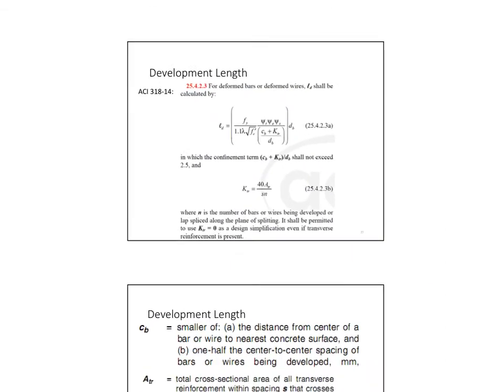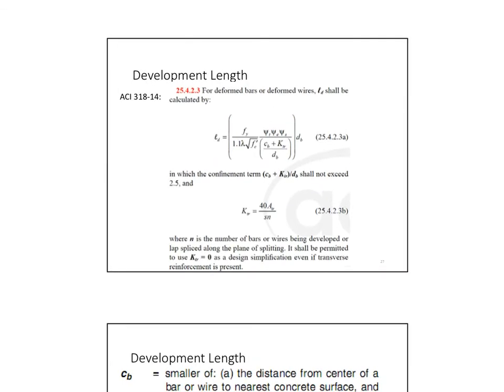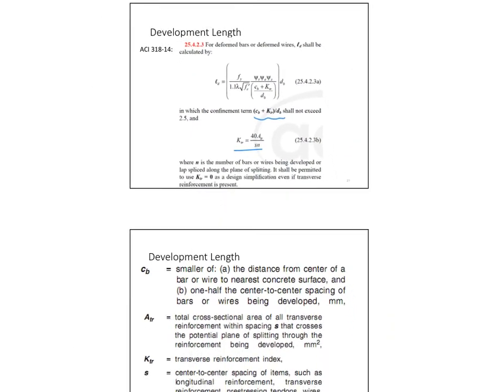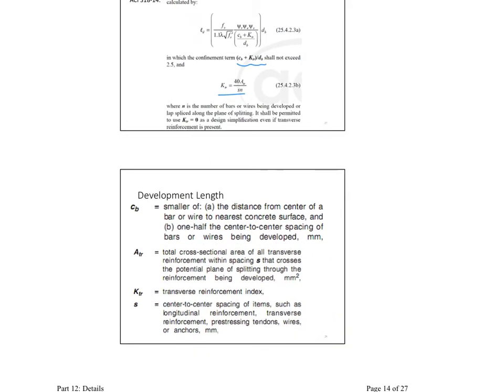This method is the second method to calculate the development length. We will not cover this method. It involves some other factors that has to do with confinement. So this is the confinement term. Like how much confinement, how much stirrups do you have around it? And then you have to go over calculating KTR, ATR, S and N. And we will not cover it, but it's for your reading.